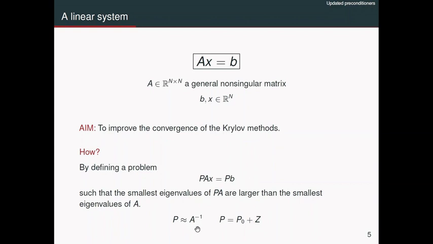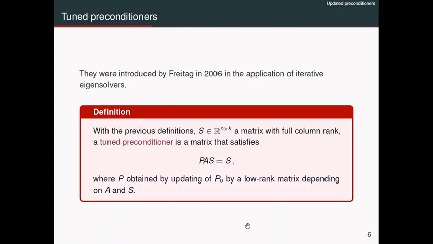Usually this P is an approximate inverse of the matrix, and in this case, the preconditioner is constructed by an initial preconditioner plus a correction.